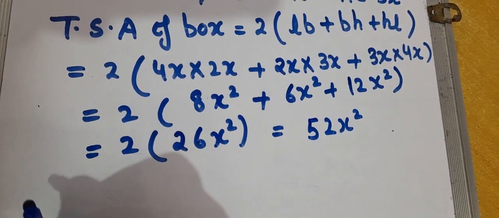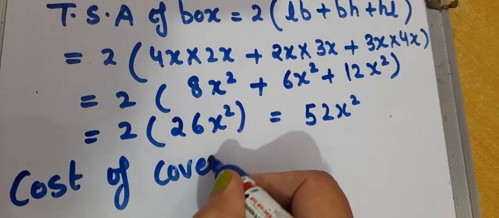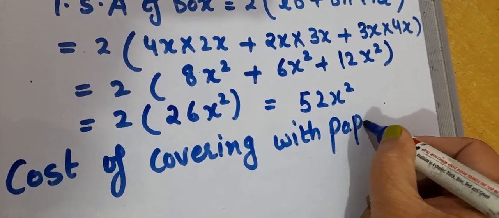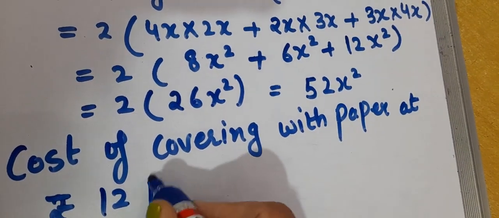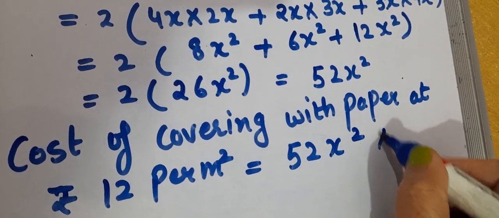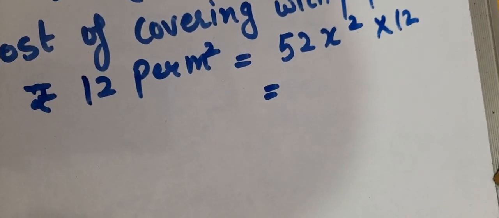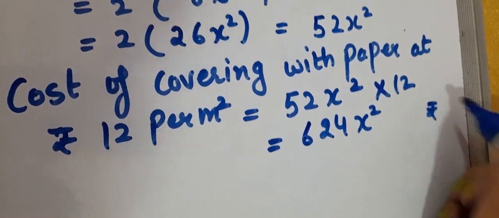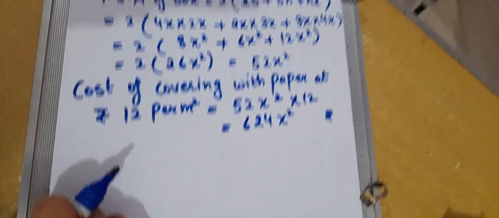Now we will find cost of covering with paper at rupees 12 per meter square. So the total cost will be 52x square into 12. You get 624x square rupees. It will be in rupees because this is the cost. And another rate is given, 13.50.